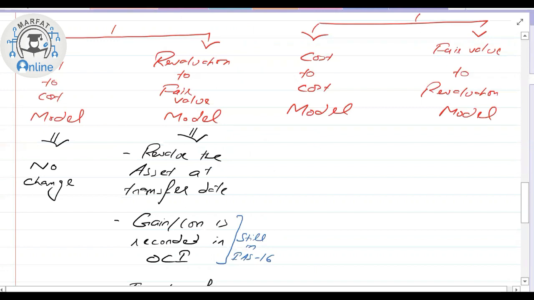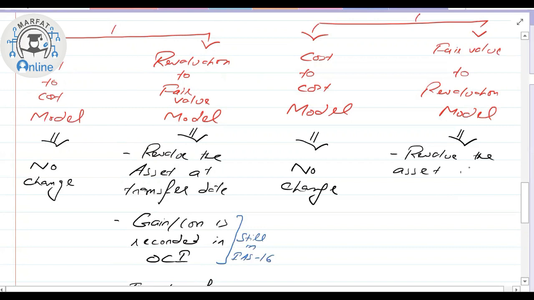So again, the second thing, if the property is transferred from the cost to cost model, no change because the cost models are same. If it is transferred from fair value to revaluation model, that is IAS-40 to IAS-16, again revalue the asset at transfer date.